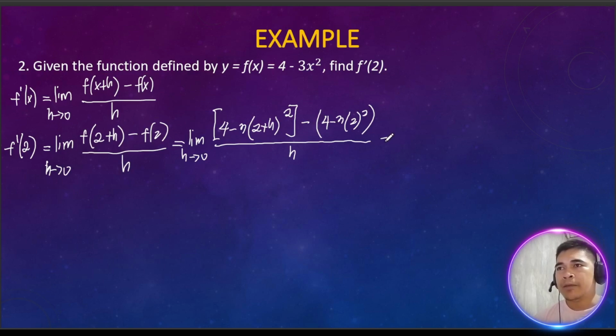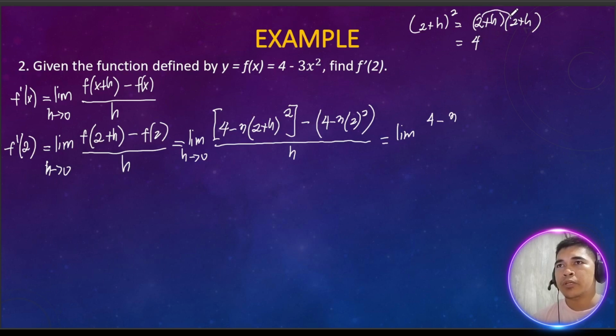Next, simplify. Limit. We get 4 minus 3. So take note, the square of 2 plus h can be written as 2 plus h times 2 plus h.